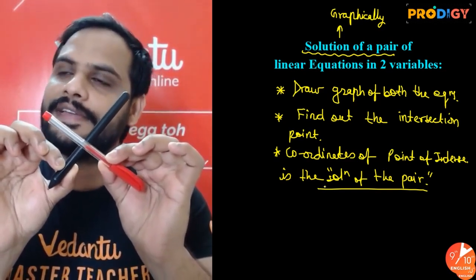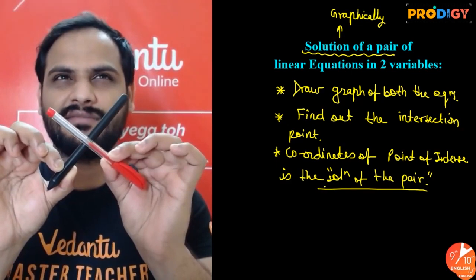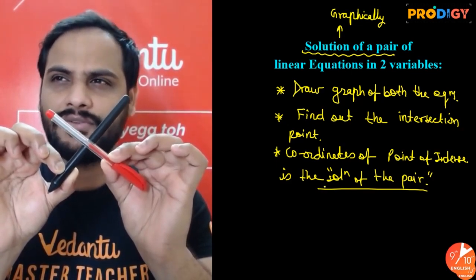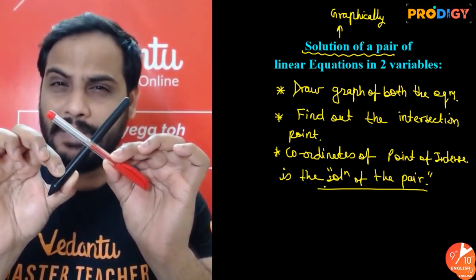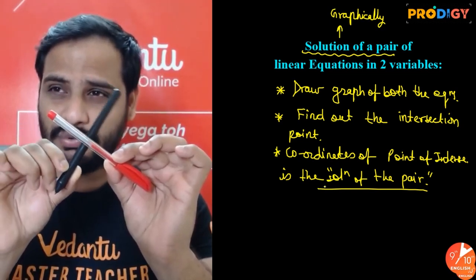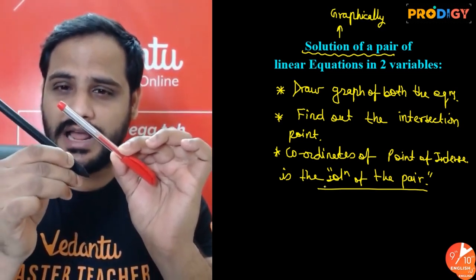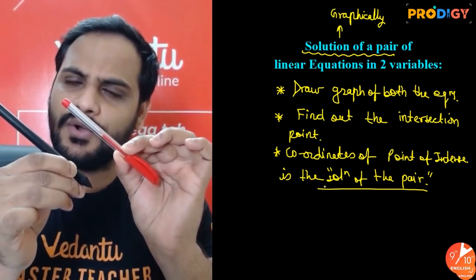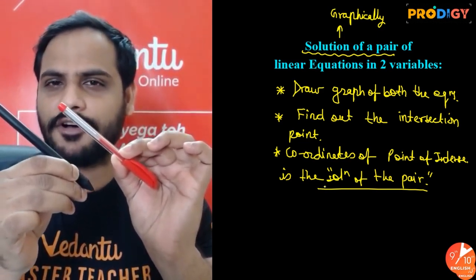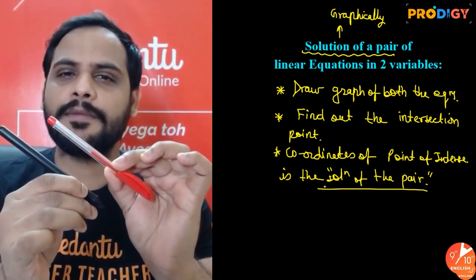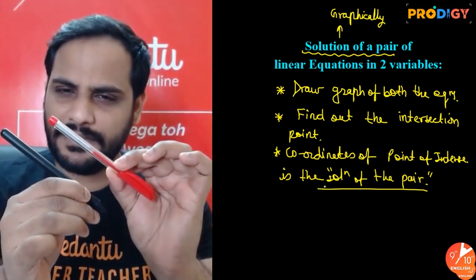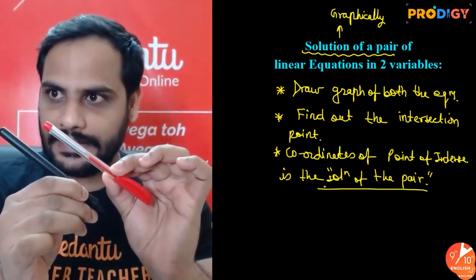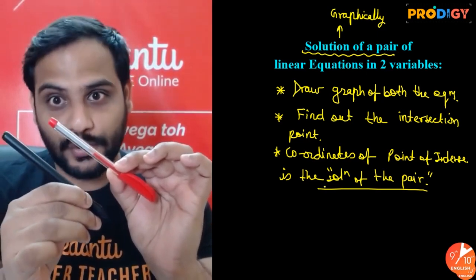Obviously I have one more thing in my mind. Sir, I have also learned about parallel lines. So what if the graphs of both the lines are parallel to each other? Can it happen? Yes, it can happen because parallel lines do exist.